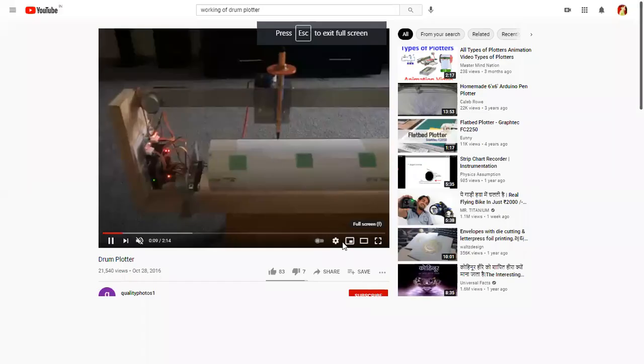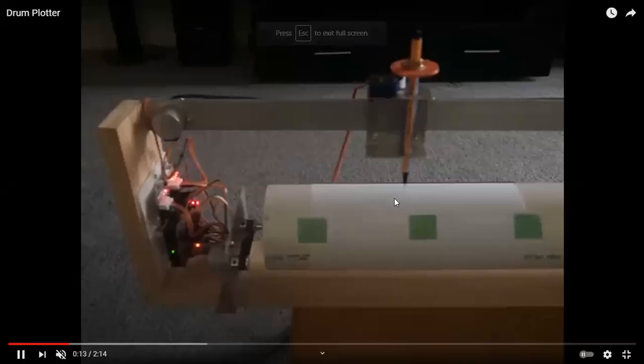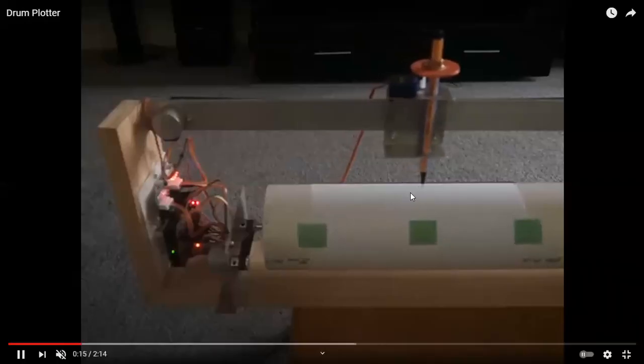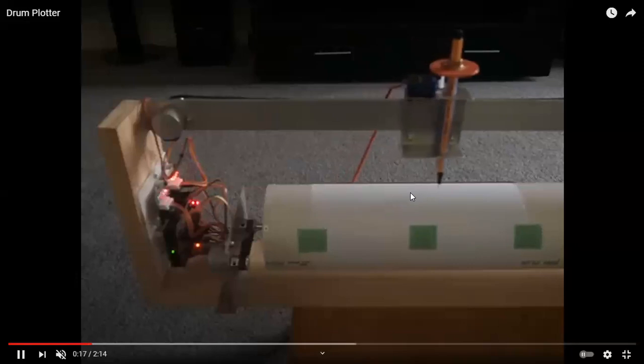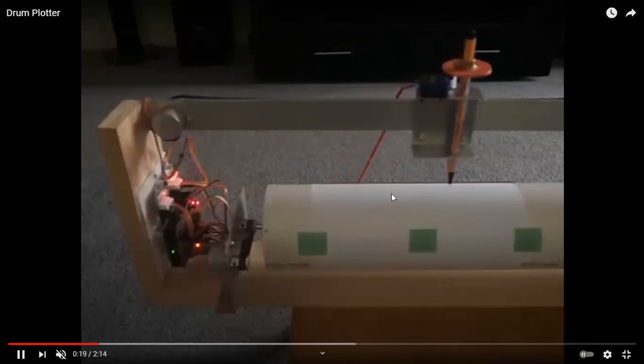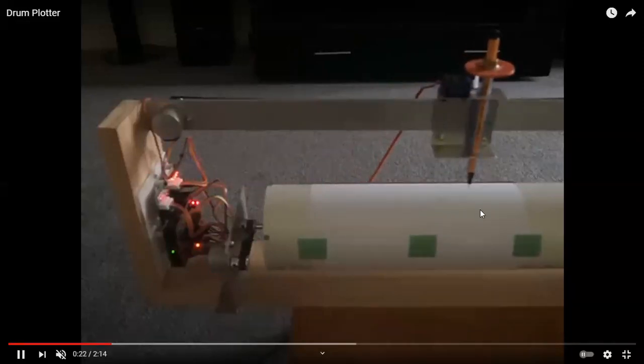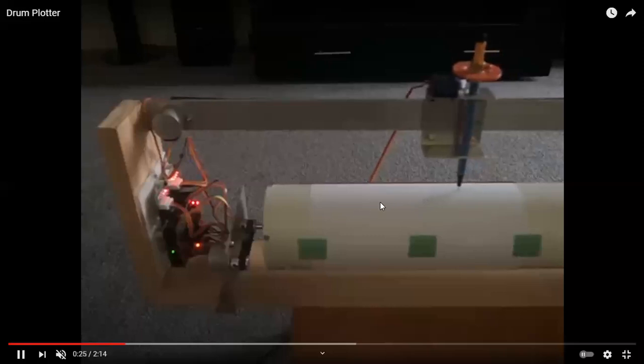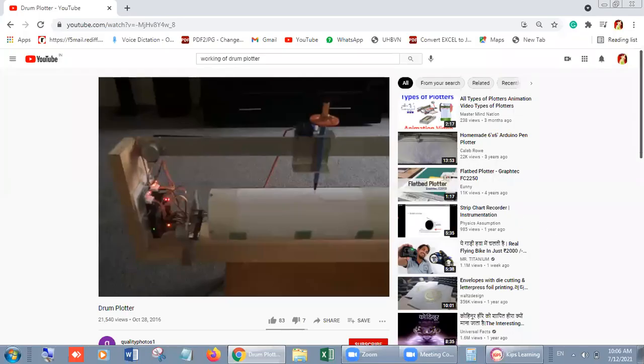Look, it is a drum. It always draws. The speed is different with different types of plotters. These are the connections, and the plotter is cutting the sticker. Clear? So the same technique we use in drum plotters.